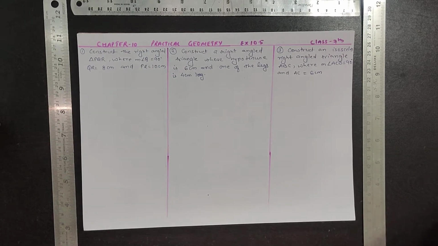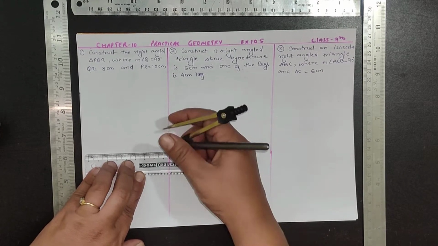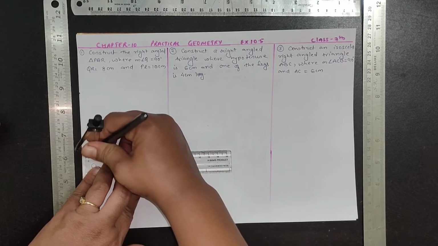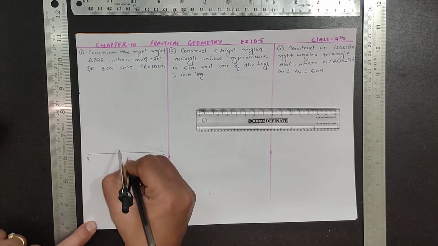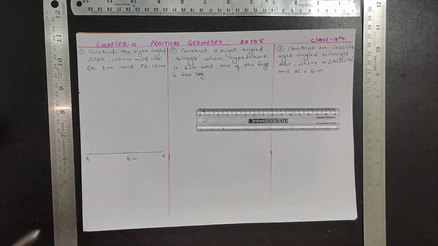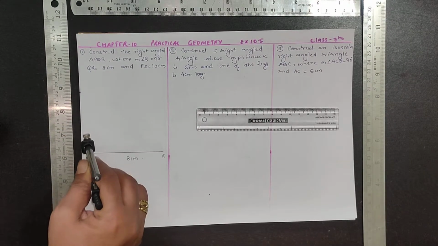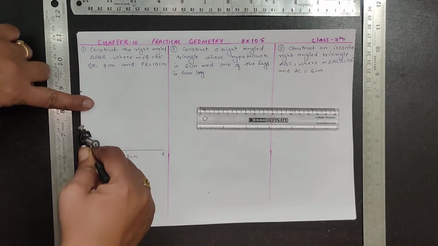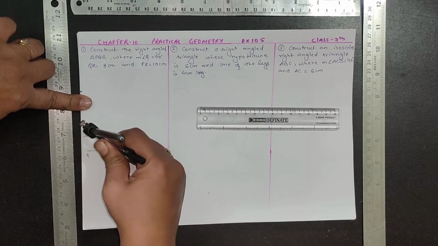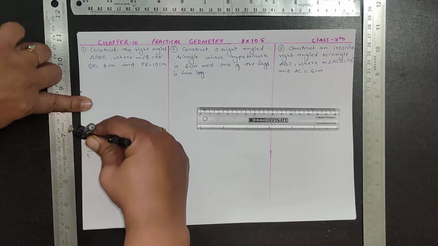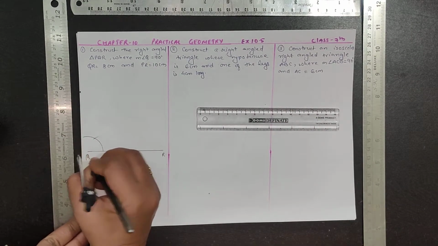So let's start the first step of this. Just draw QR 8 centimeter. Here it is, QR 8 centimeter. Angle Q is 90. It means you need to take any arc. Again, for constructing Q equal to 90, you need to put this pointer on Q like this. It is very corner, so I will take it like RQ.